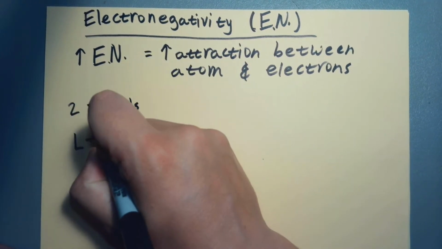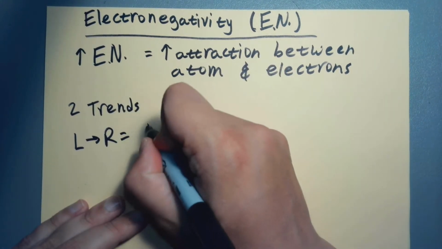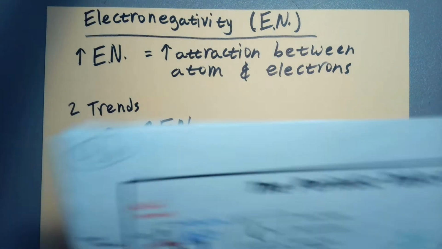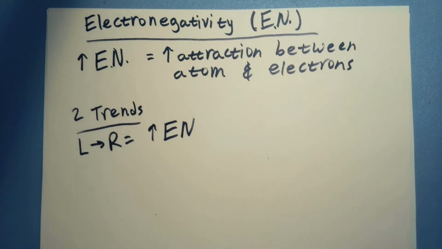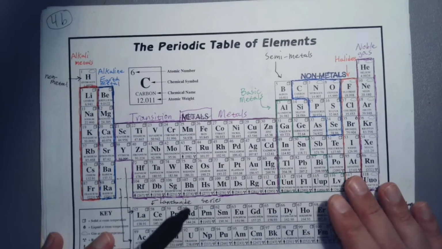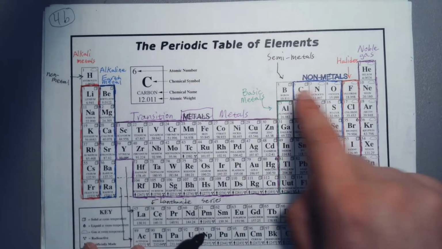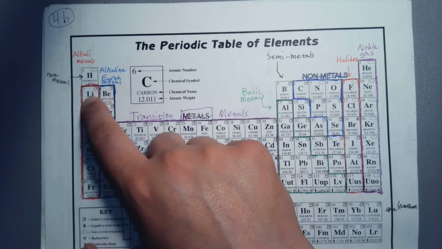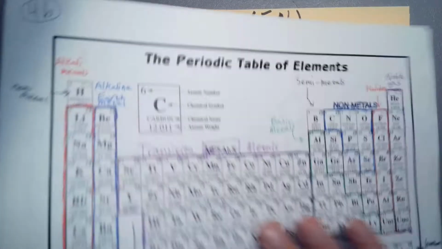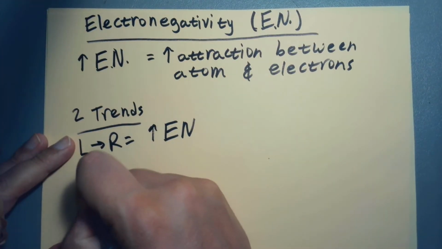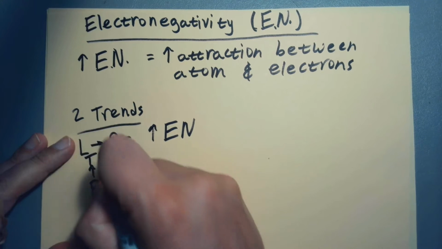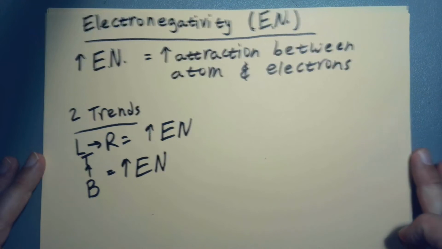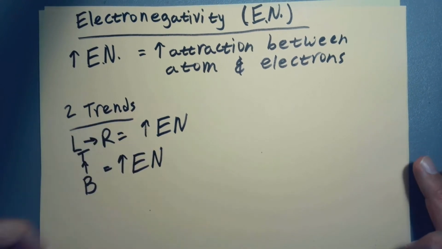Going left to right equals an increase in electronegativity. And I'll explain why in a minute. The other trend: this is a two-dimensional surface, right? So we've got left, right, and now we're going to have up, down. As we go from the bottom to the top, we also get increasing electronegativity. So as we go up a column, electronegativity increases. As we go across a row, electronegativity increases.